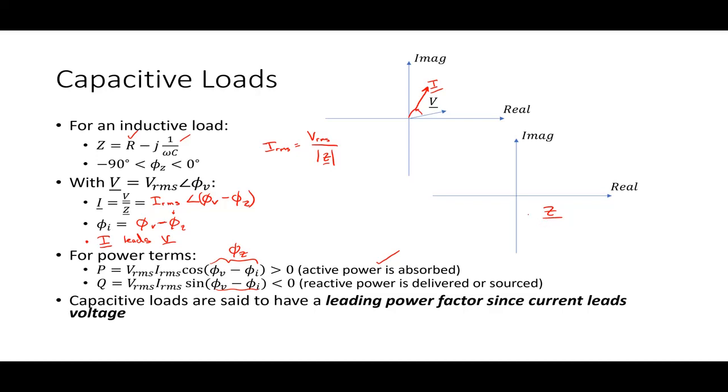So my Q is negative, which means that a capacitor is sourcing reactive power. The S I have is down in the fourth quadrant. It has a negative Q value, which means that I am supplying reactive power. My capacitor supplies reactive power, and so it's a negative Q.